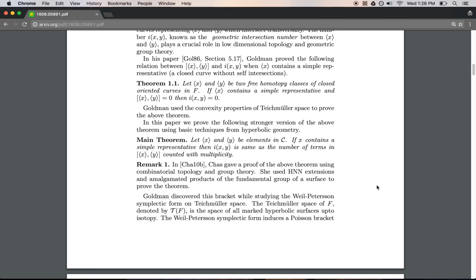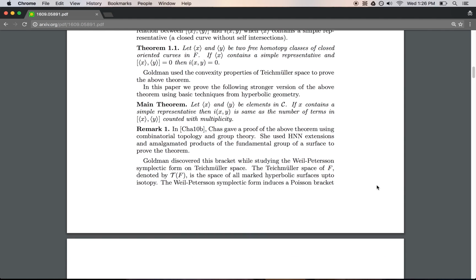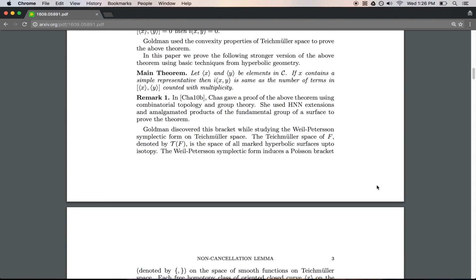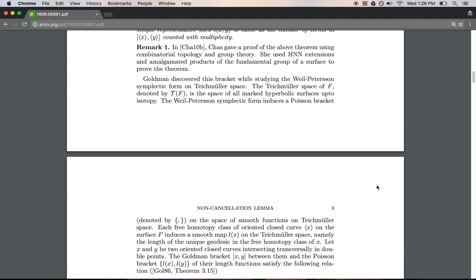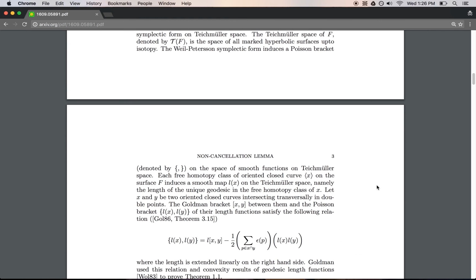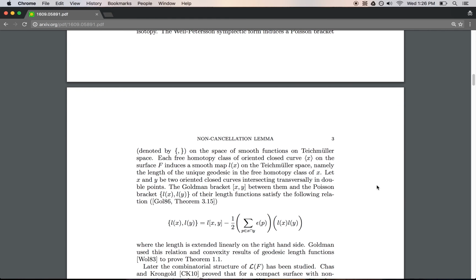The Teichmuller space of F, denoted by capital script T of F, is the space of all marked hyperbolic surfaces up to isotopy. The Weil-Petersson symplectic form induces a Poisson bracket, denoted by curly brackets, on the space of smooth functions in Teichmuller space.